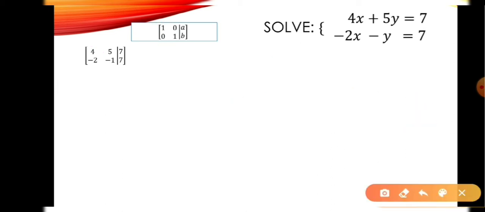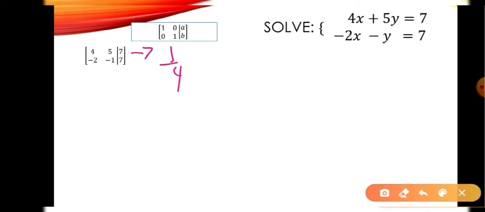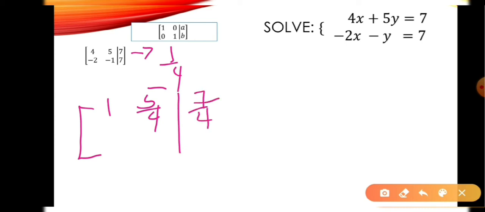In making it positive 1, you have to multiply across by 1/4. So 4 times 1/4 is 1, 5 times 1/4 is 5 over 4, and 7 times 1/4 is 7 over 4. Then just copy your second row. Next is to make this one into 0.